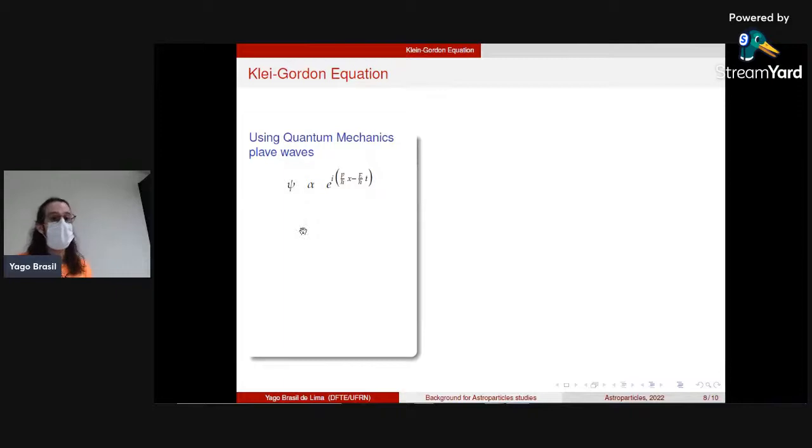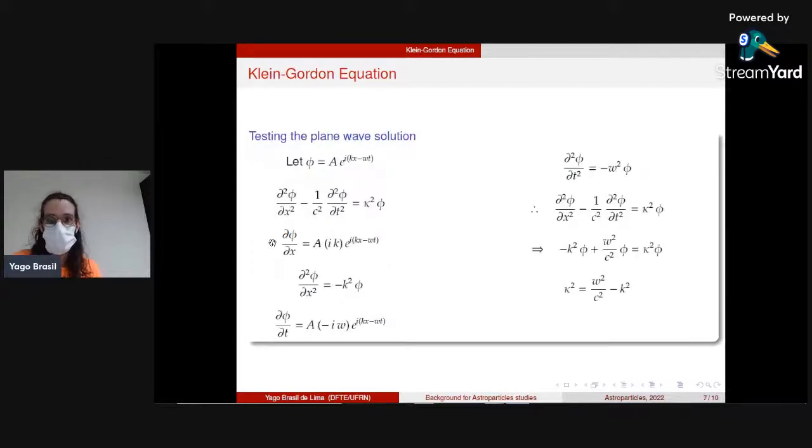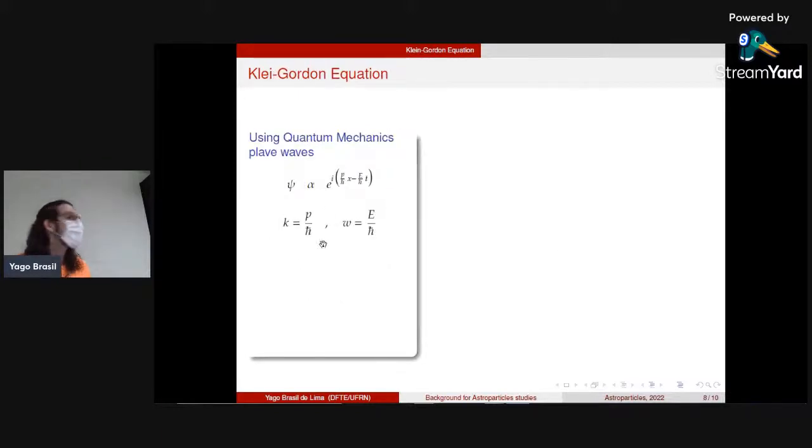Okay, but I can apply more physics here. I can use quantum mechanics, and using the plane wave of quantum mechanics, which is proportional to that exponential, I can rewrite the k and the omega with respect to the momentum and the energy of a particle. So if I take that final link here and use the quantum mechanics solution, I can rewrite the equation of energy and arrive at that expression.